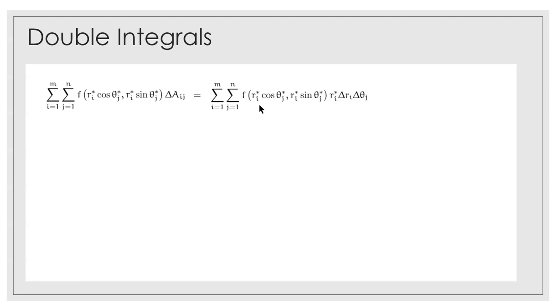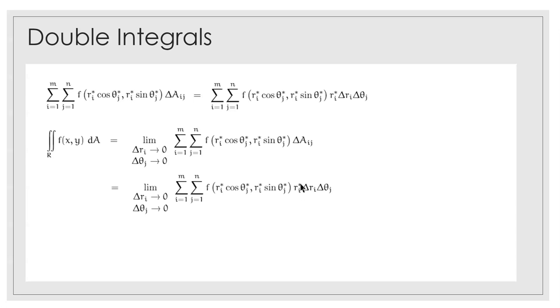Now to integrate this, I want to take the limit as m goes to infinity and n goes to infinity. Another way of saying that is that these deltas go to 0. So the integral of my function over the area is the limit as the deltas go to 0 of this summation of f of r cosine theta, r sine theta, delta A ij. Delta A ij, remember, was r i star delta r i delta theta j.